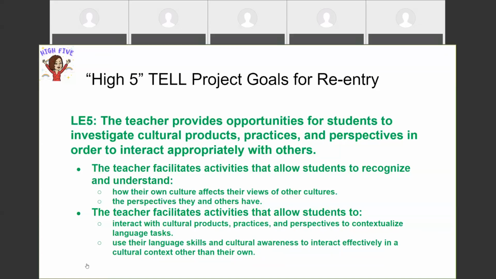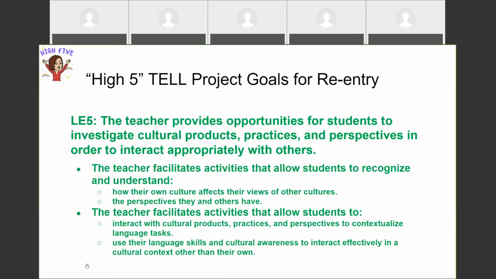So it's up to us as a teacher to help facilitate activities that allow students to interact with those cultural products, those cultural practices, and really understand those cultural perspectives or what's valued in order to contextualize what's happening with the language and to make those tasks more relevant and more rich.